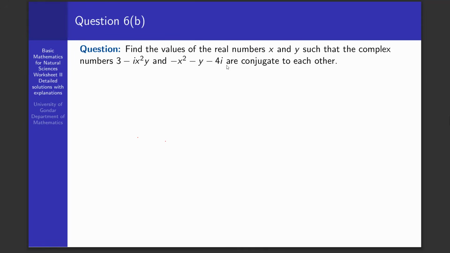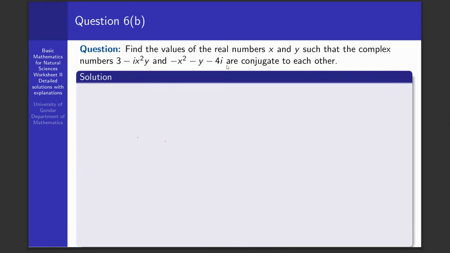You know that the complex conjugate of a given complex number is obtained by making the imaginary part of the given complex number negative, or its opposite. So if z is equal to x plus iy, its complex conjugate will be x minus iy.